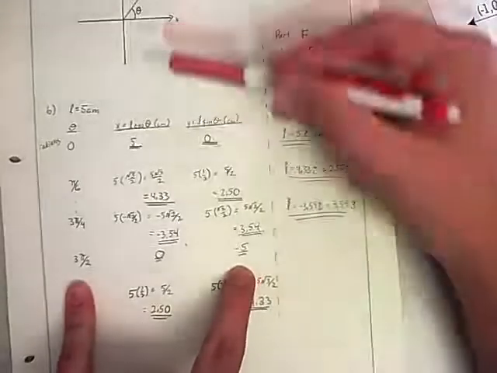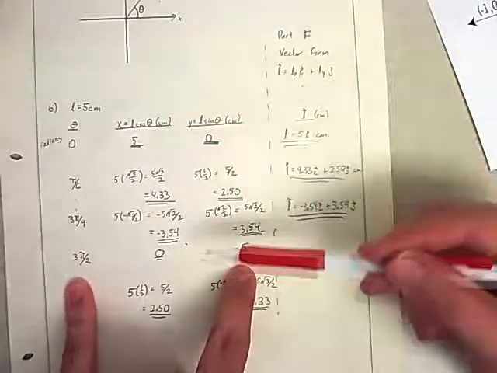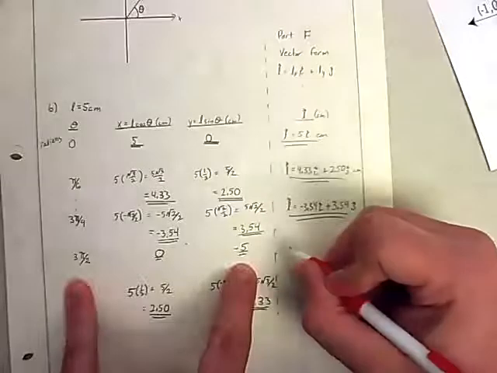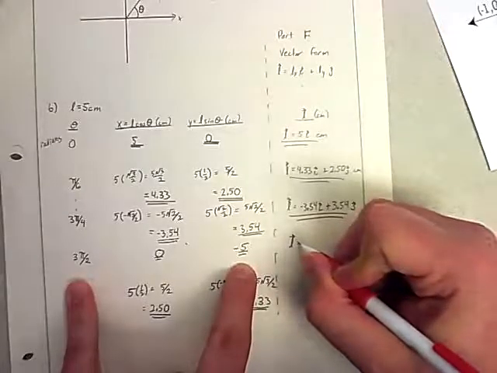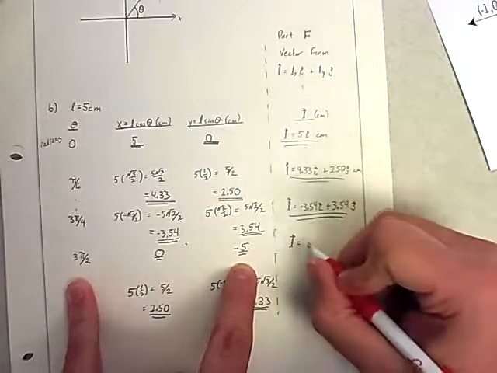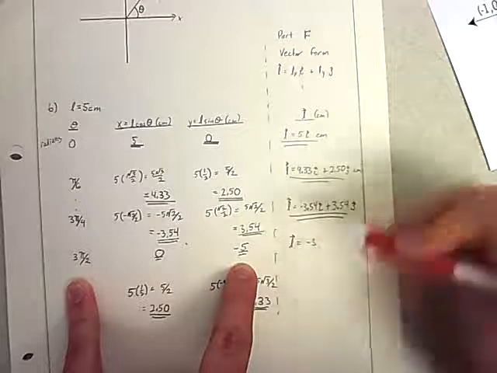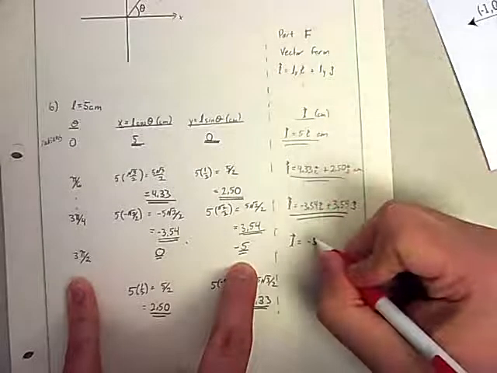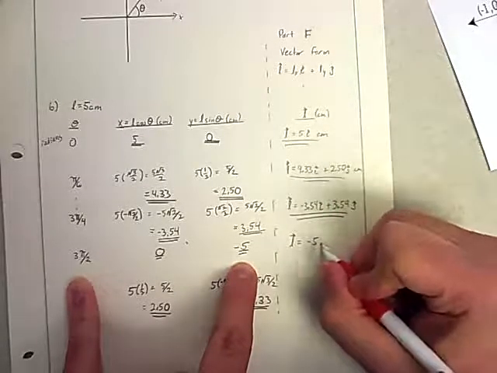It was 5 straight in the negative y direction. So that one, L, is going to be, there's not going to be any i component. It's just going to be negative 5 in the j direction.